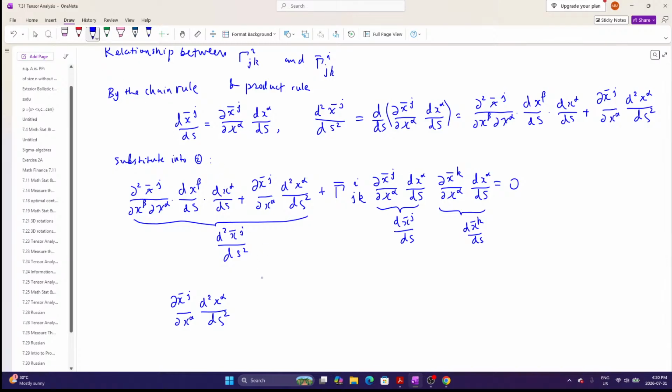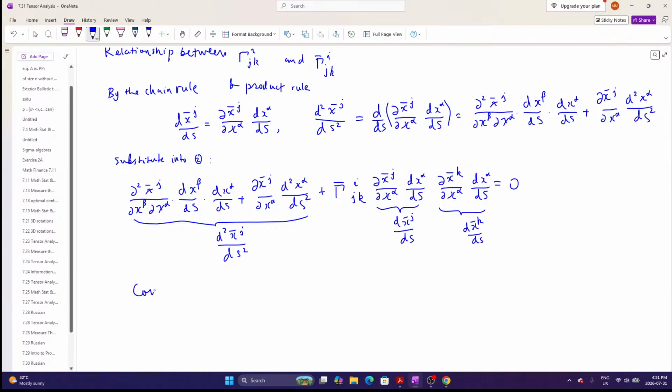And here we have, how do we handle the two terms here? Actually, you know what, guys? I'm going to multiply by the Jacobian matrix right now. So multiply by the inverse Jacobian.